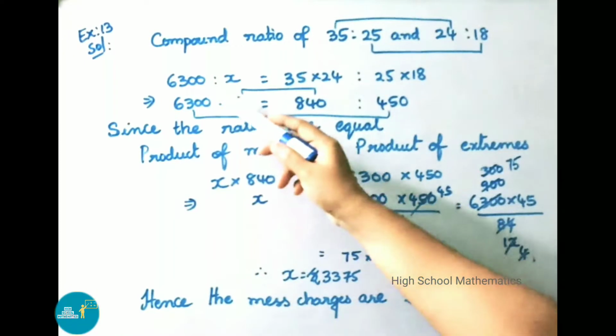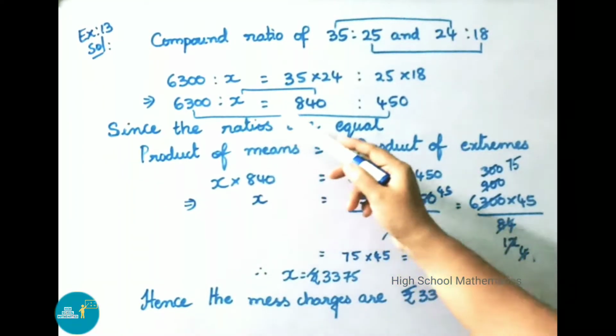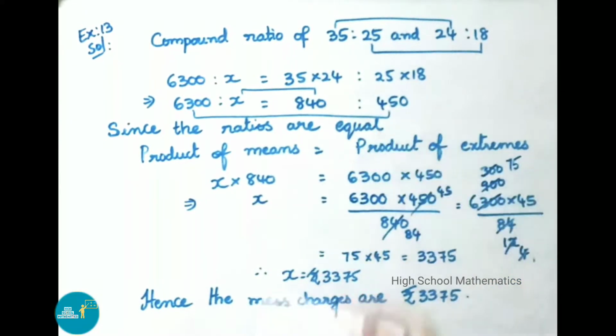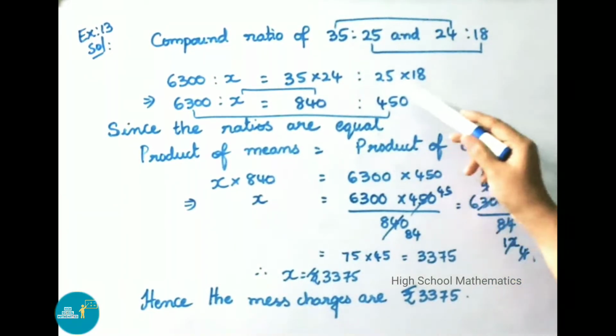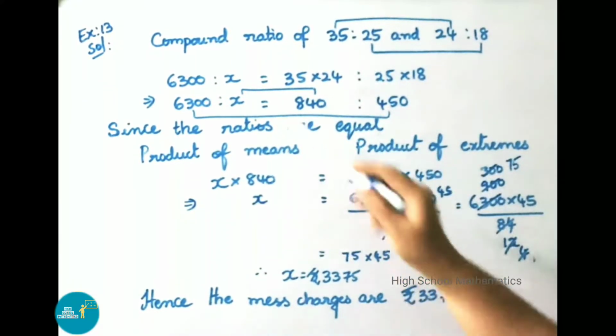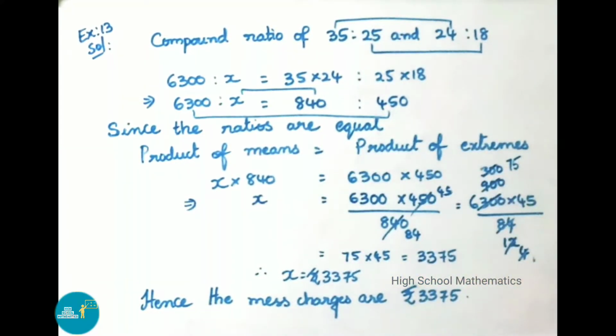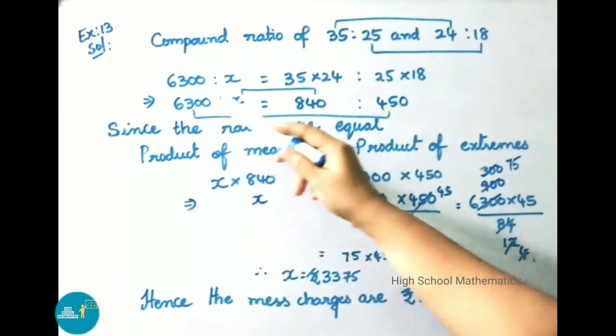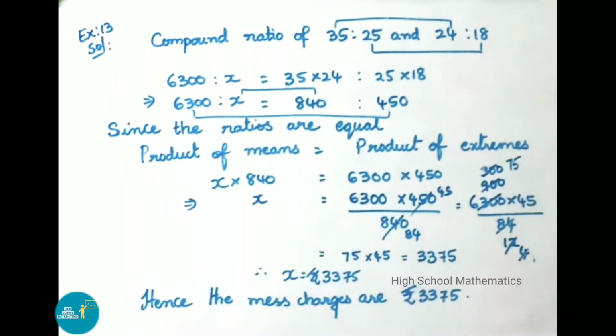That implies 6300 is to x equals 35 into 24, which multiplied is 840, is to 25 into 18, which is 450. Since the ratios are equal, the product of means is equal to the product of extremes. So x into 840 is equal to 6300 into 450.